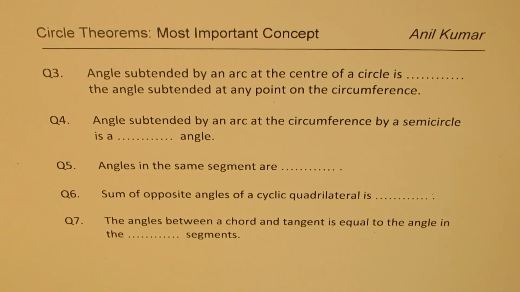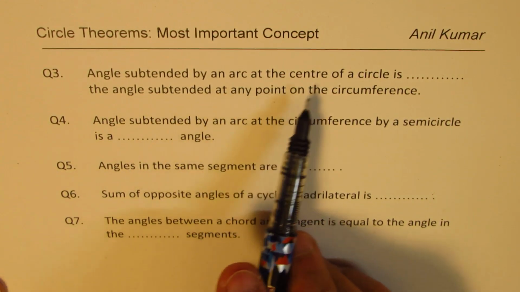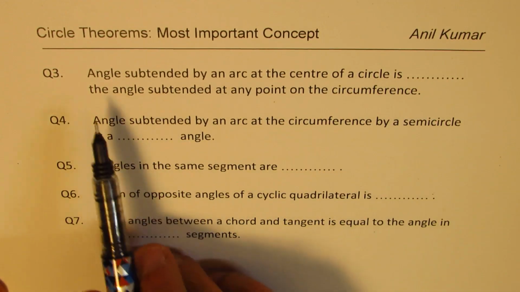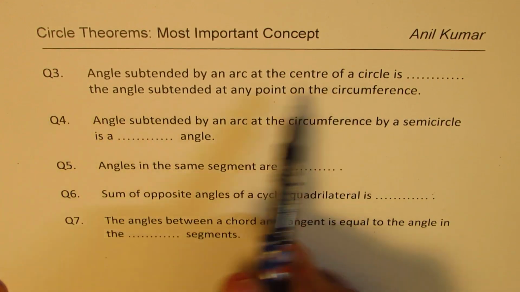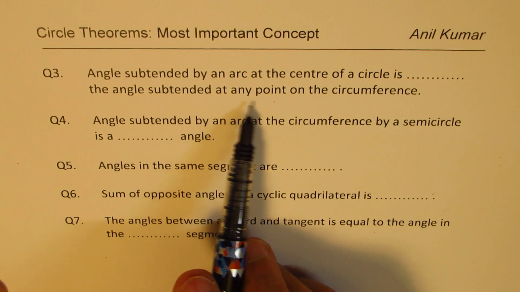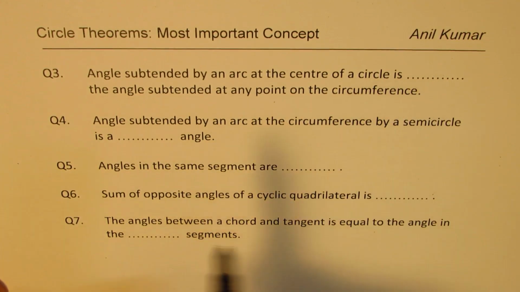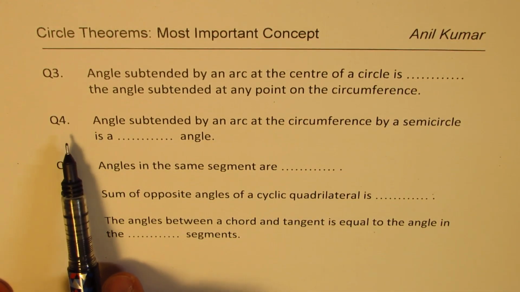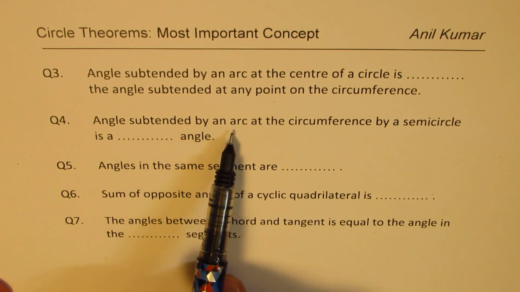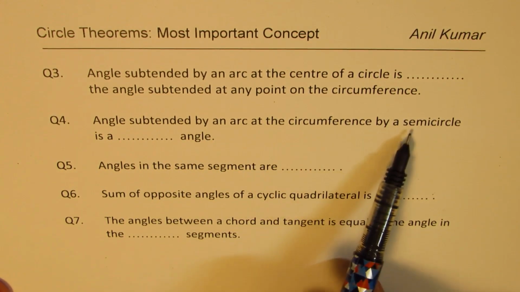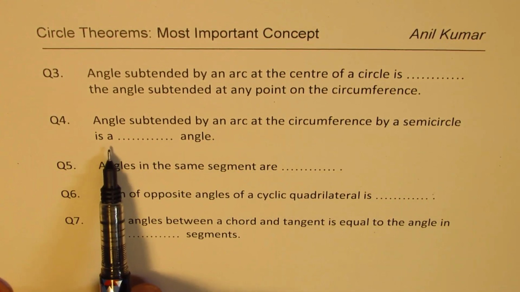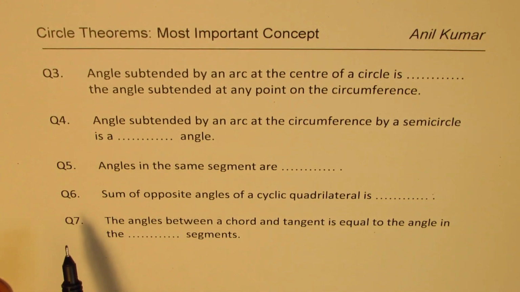Now here is what we learned. Question number 3 is, the angle subtended by an arc at the center of a circle is what of the angle subtended at any point on the circumference? You need to fill in the gaps, right? Question 4, the angle subtended by an arc at the circumference by a semicircle is a dash angle.